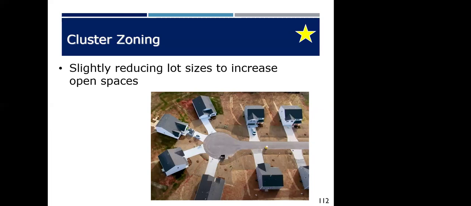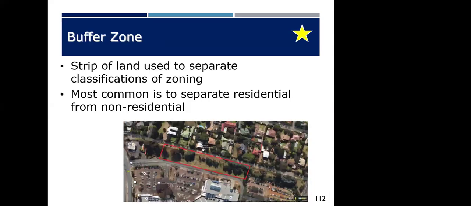Another zoning term is our buffer zone. You may have a buffer zone to separate one type of zoning from the other. So for example, what we see most often is a buffer zone to separate residential from maybe commercial, maybe industrial. As we're looking at our picture here, we can see there are homes and properties in the top of the picture.